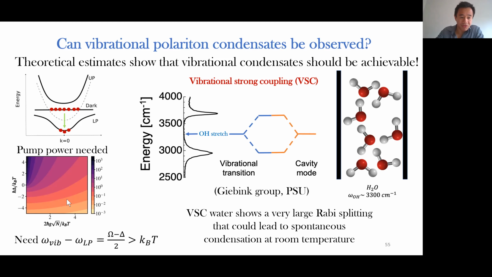So in this region the Rabi splitting is moderate, but the lower polariton is also more photon-like. And for water, people have seen huge Rabi splittings. This is not surprising because water is by definition very concentrated at 55.5 moles per liter. So no wonder you have this huge Rabi splitting.